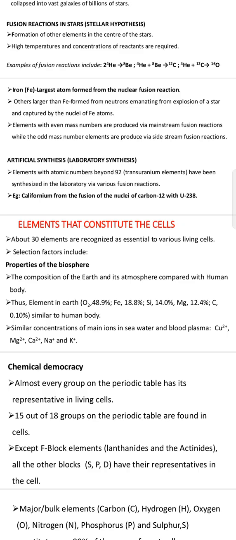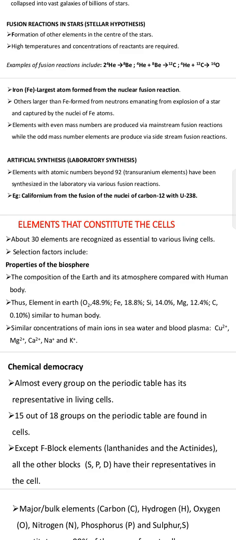Then elements with odd mass numbers were produced from the side stream fusion reaction. So that's basically about the mainstream reaction and the side stream reaction. You can say that the mainstream reactions can be referred to as the primary reactions scientists are focused on for potential future clean energy production on Earth.